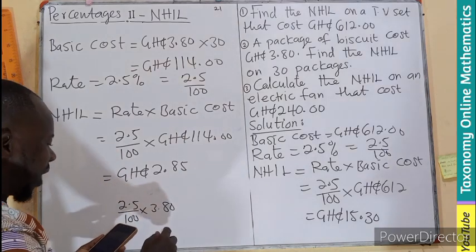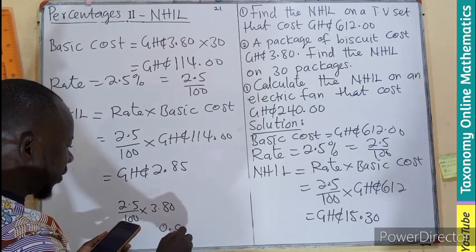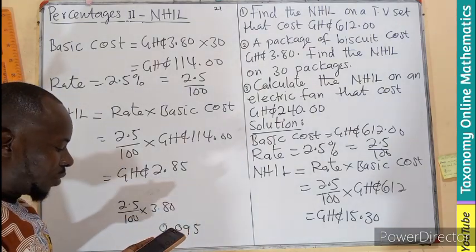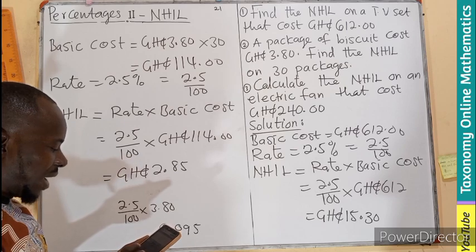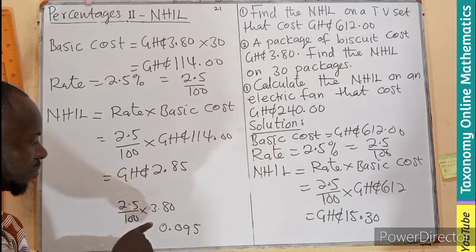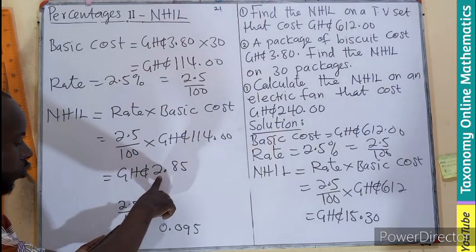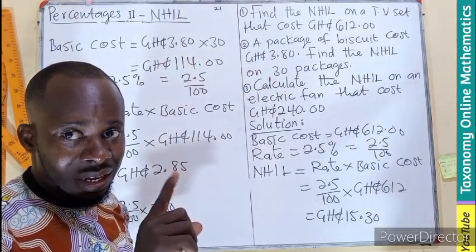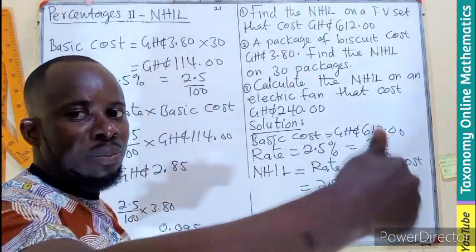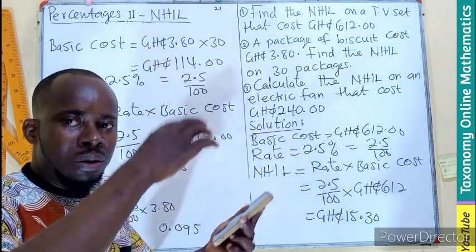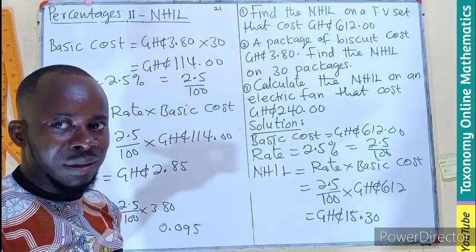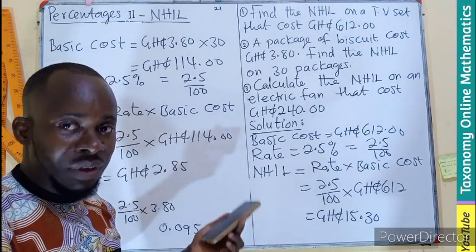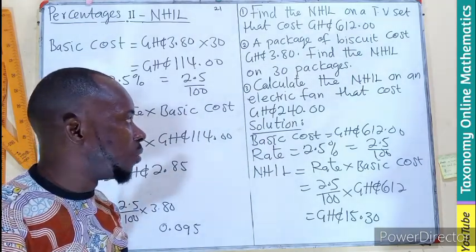If you do that, you should be having 0.095. And if this amount is multiplied by 30, you come back to the same 2 cedis 85 pesewas. So you can find the levy on one, then multiply by the number of packages, or know the total basic cost for all the 30, then find the levy rate on that, and that will be okay.